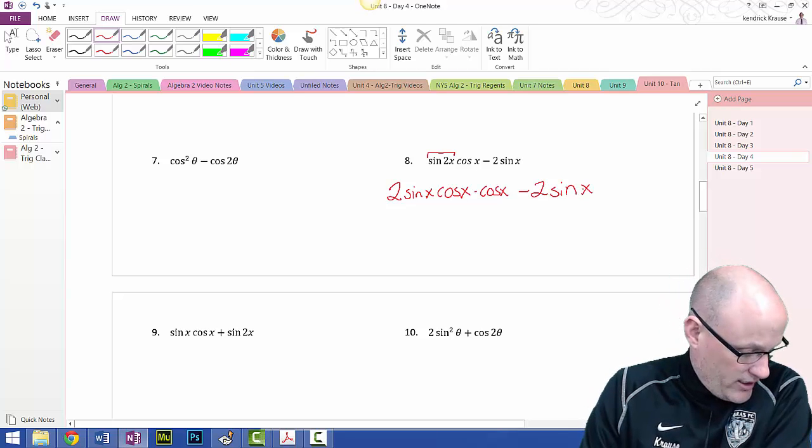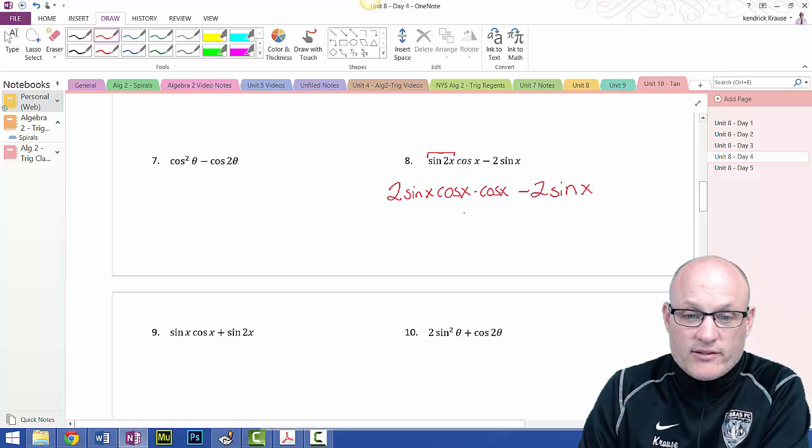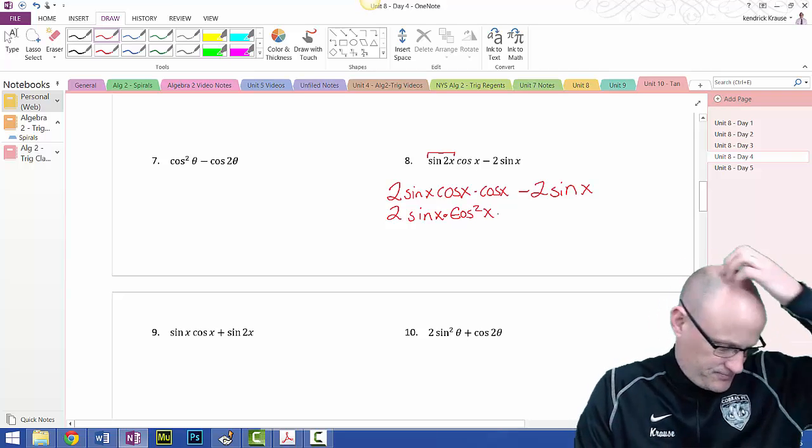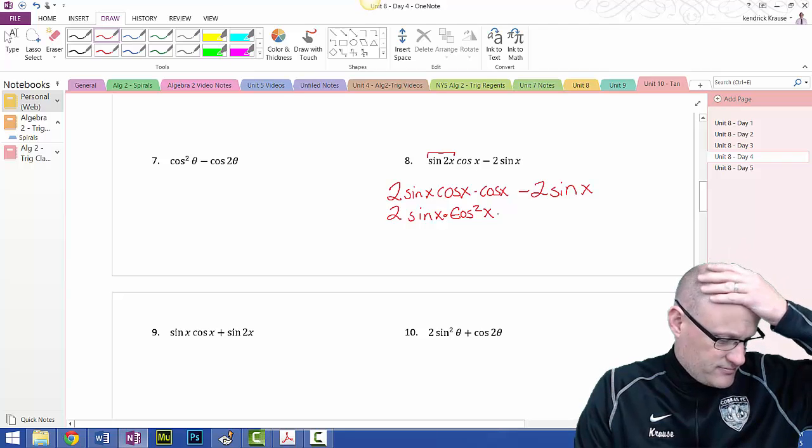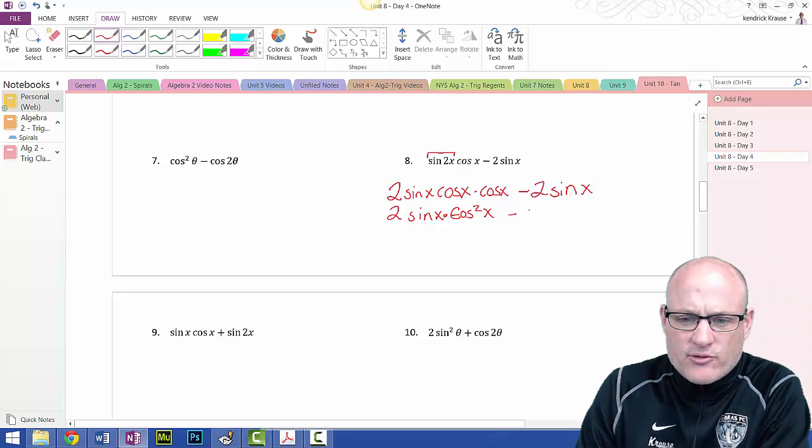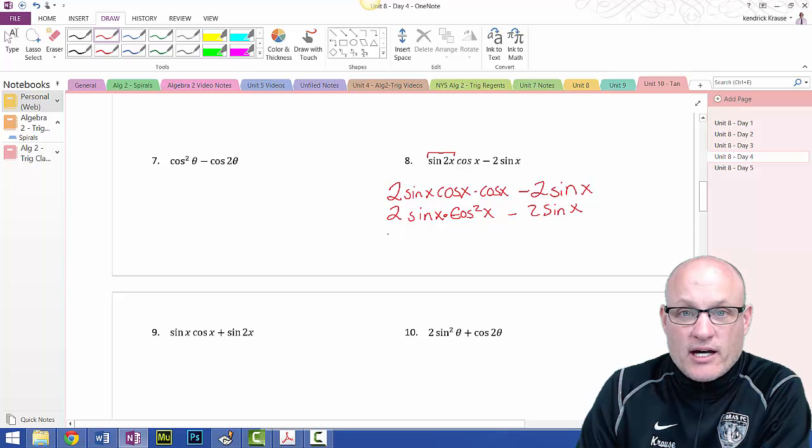Now, this is a crazy, crazy problem. Well, isn't this 2 sine x times cosine squared x minus 2 sine x? I think the original problem might have been messed up.